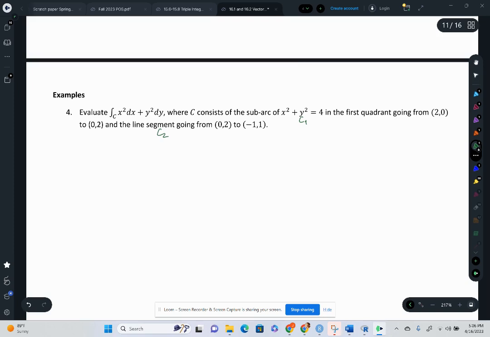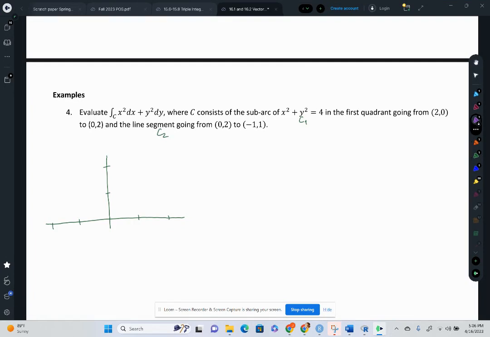C1 is the subarc and C2 is a line segment. So let's draw this, so we have a nice clear picture of what's going on. The subarc x squared plus y squared equals 4 is a circle with radius 2. So it does go through (2, 0) and (0, 2) in an arc-like fashion.